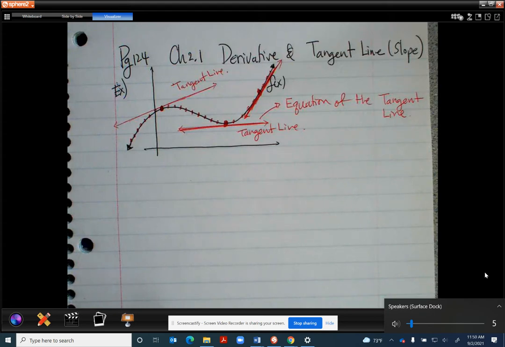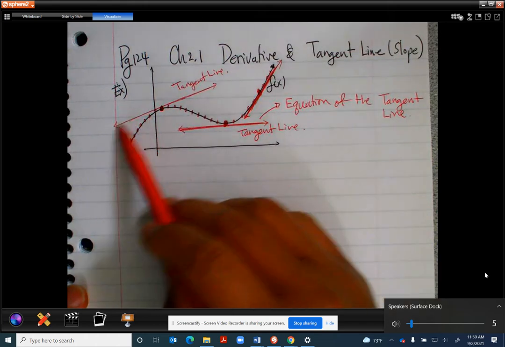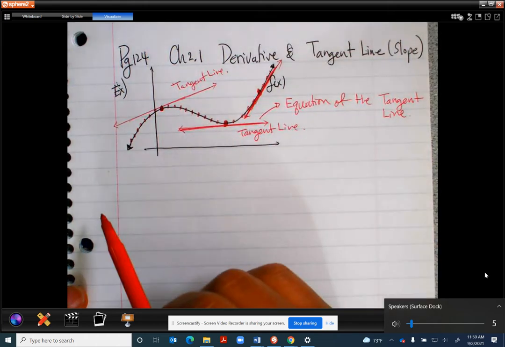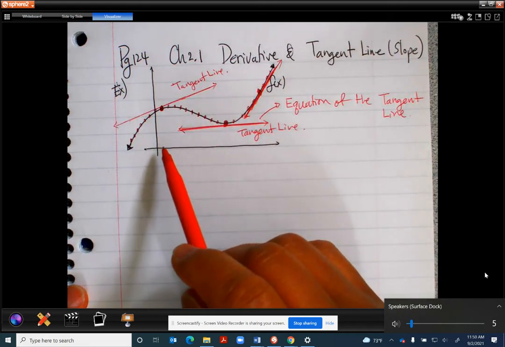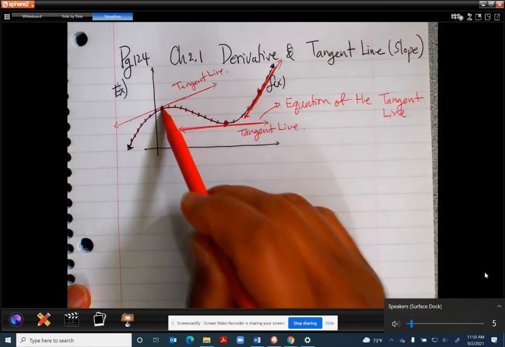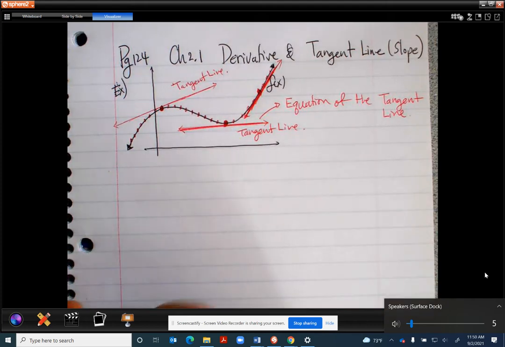So again, this is all review stuff. You should have known this before this class. But just in case, if you don't understand tangent line, I'm trying to explain it to you. And our goal today is to find the equation of those lines. Not everything, but they're going to tell you which one. Sometimes it will be here, sometimes it will be there. They're going to give you an ordered pair.